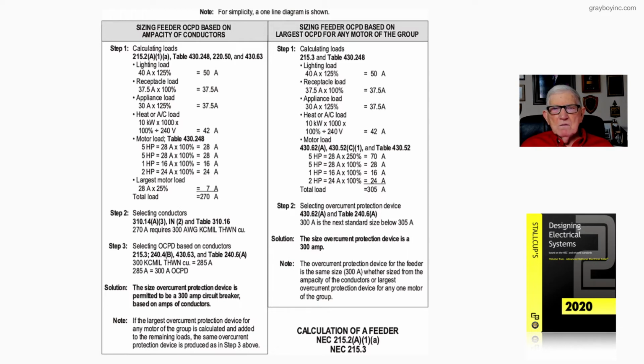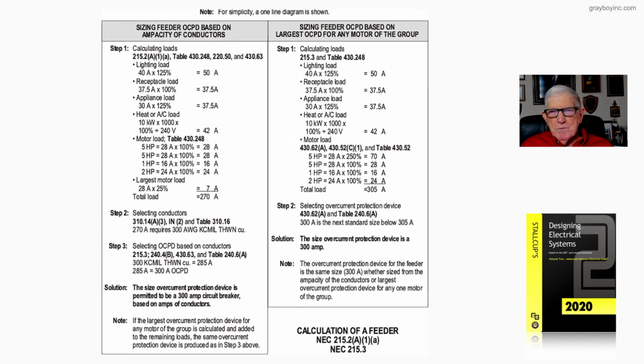Well, we just bring the lighting load over at 50 amps, the receptacle load at 37, the appliance load at 37.5. We bring the 42 amps over for the heating load. The motor load now is going to be different. We're going to calculate this motor load different than we did in the calculation for the load for the conductors.